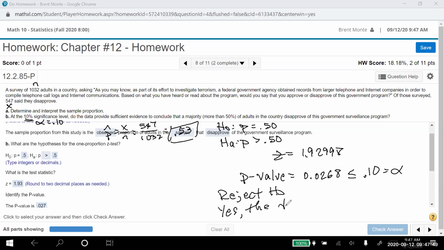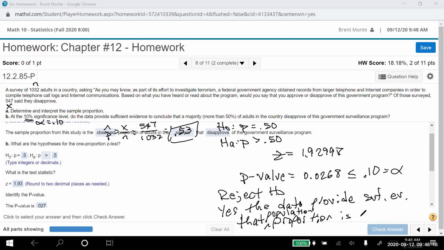The data provides sufficient evidence that the proportion of all people that disapprove is, and let's squeeze in here population proportion just to make that clear to all of us, that the population proportion is greater than 50%, which of course meant a majority.